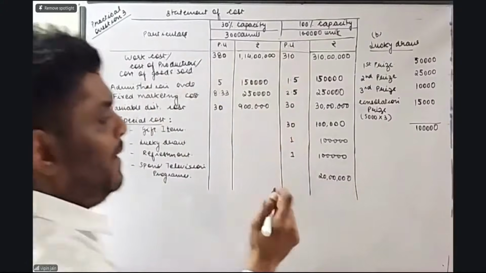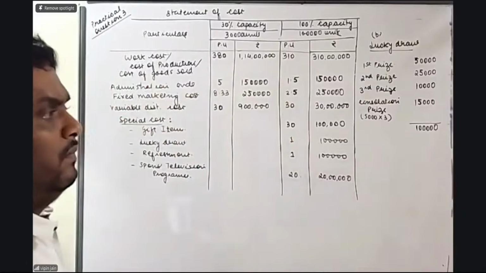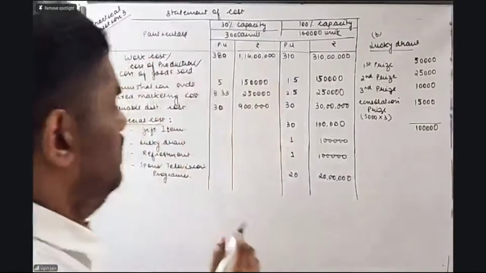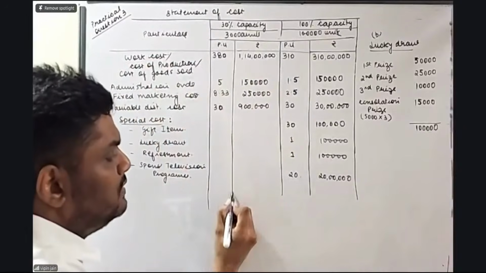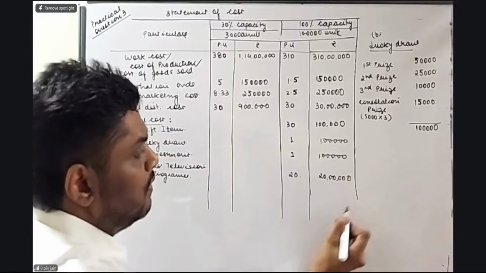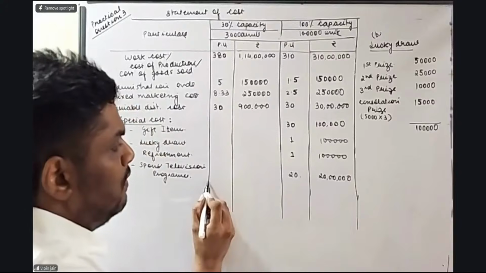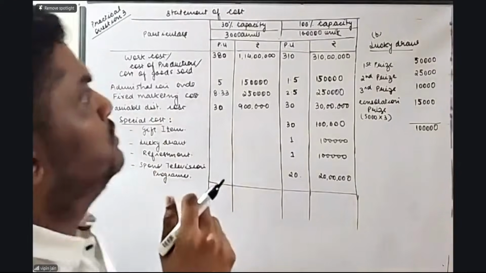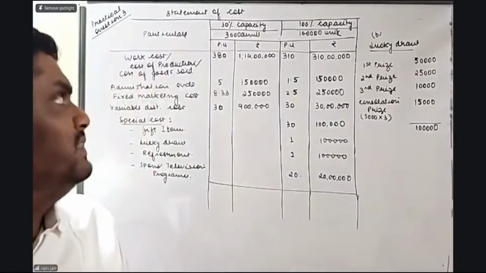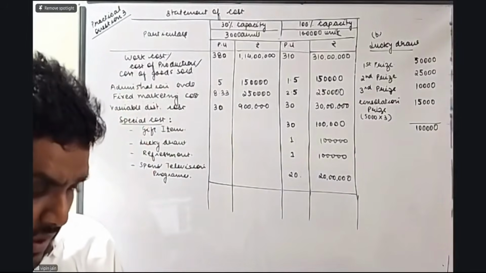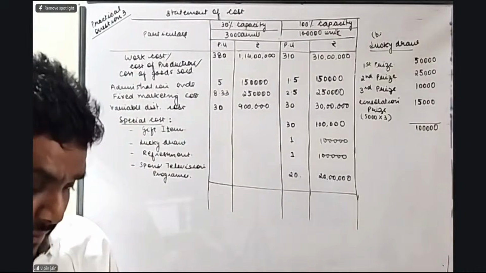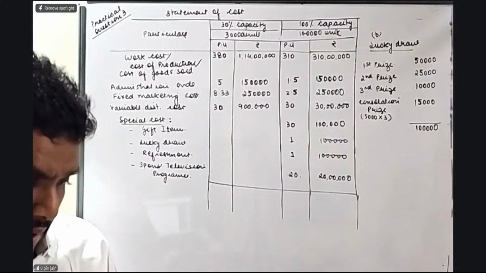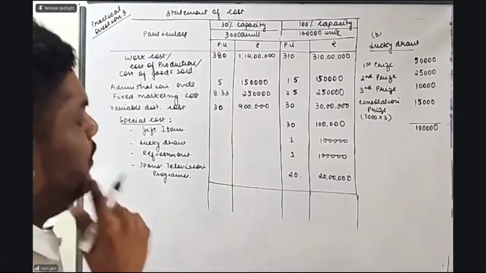So 20 lakh divided by 1 lakh will be 20. Apart from this, I think everything is done. So we are ready with the total cost. If we are going at 30% capacity, my total cost per unit will be 380 plus 5 plus 30 plus 8.33, that is 423.33.